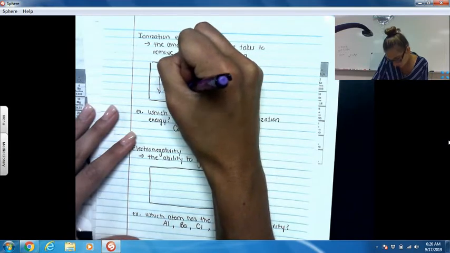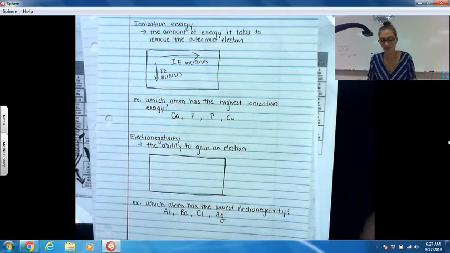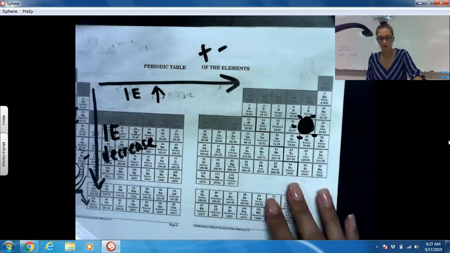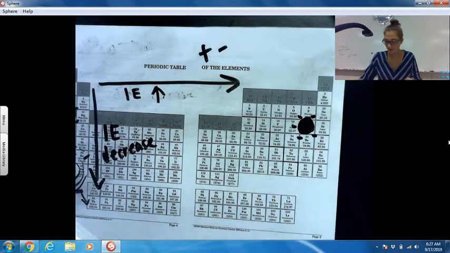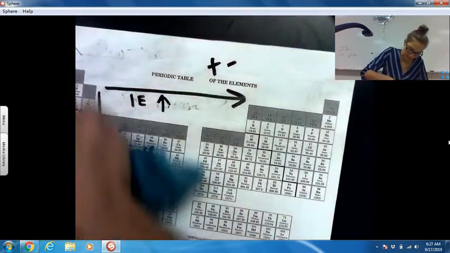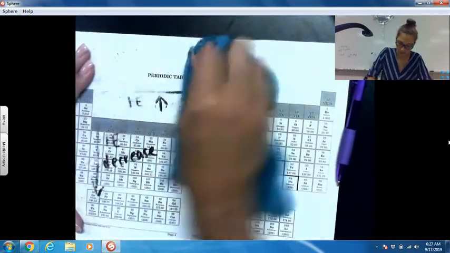Okay, this question says, which atom has the highest ionization energy? Okay, so we're going to do the same thing that we did before. We're going to look on our periodic table and figure out what element has the highest ionization energy. Okay, well, let's just make that a little bit neater for you.